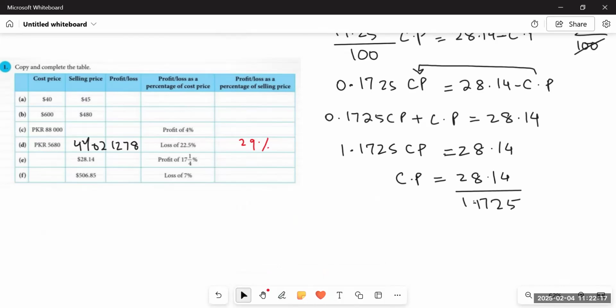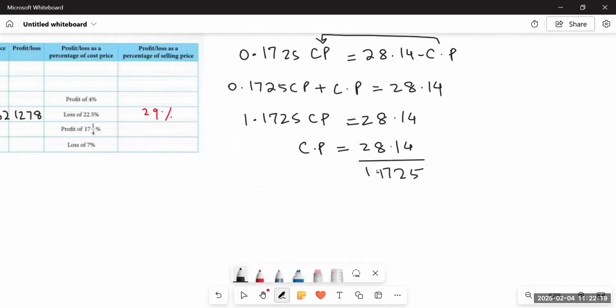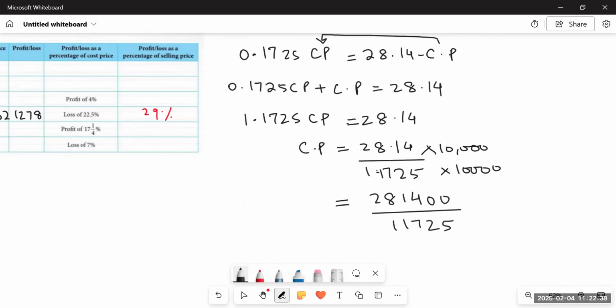Since there are decimals involved, to make your calculations easier, you can multiply both by 10,000 because there are 4 zeros in the denominator. So it will be 281400 upon 11725. And when you start simplifying them, you will get the answer of 24.